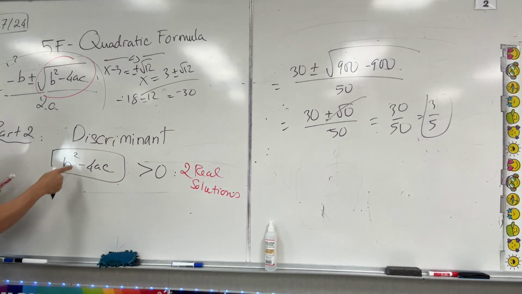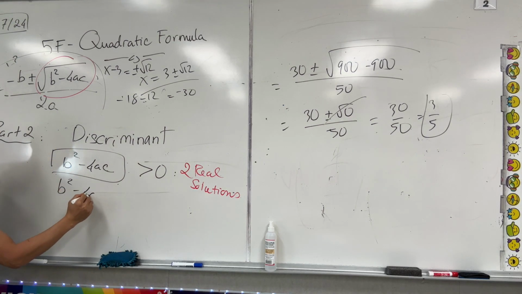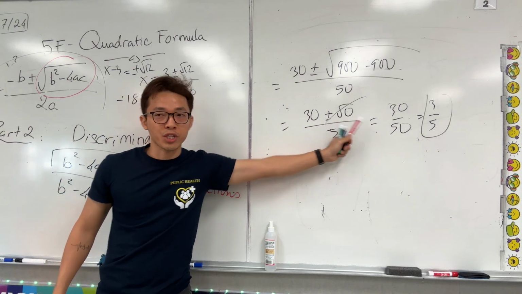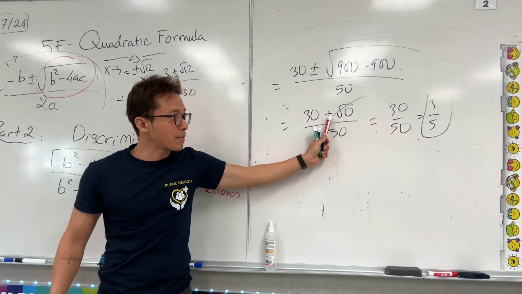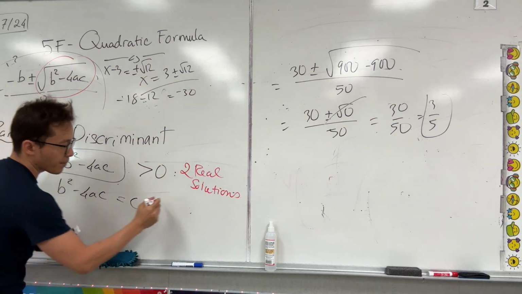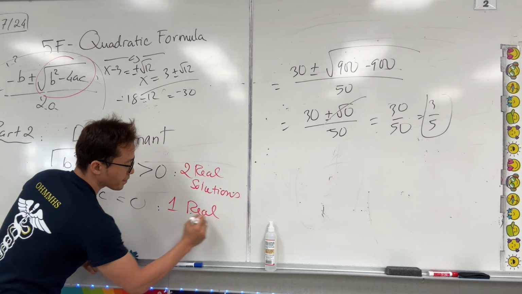So when the discriminant is equal to 0, how many real solutions? One, because the plus and minus 0 is gone. So when it's equal to 0, we have one real solution.